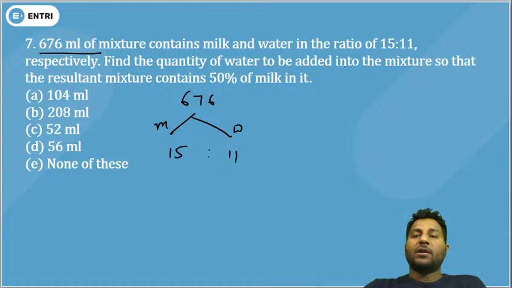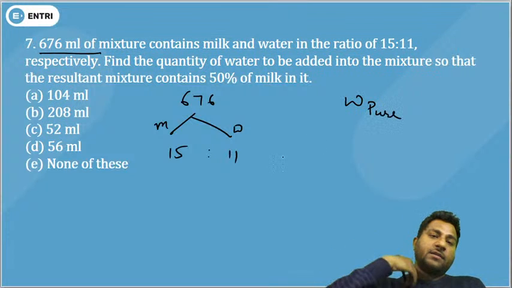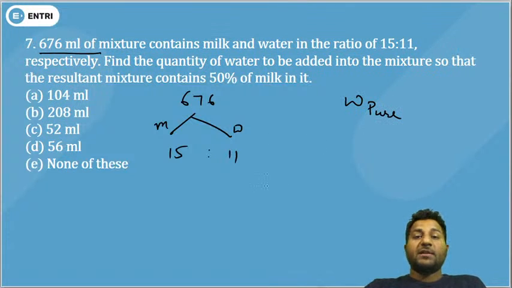Find the quantity of water to be added into the mixture so that the resultant mixture contains 50% milk. Let's say that the water was pure. 50% milk means 50% water, so the ratio will become 1 by 1.